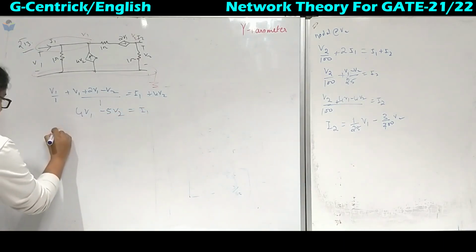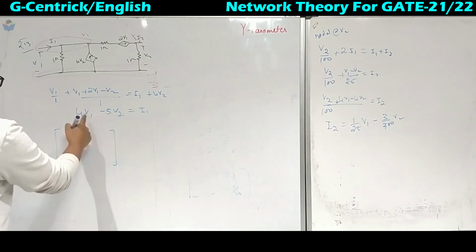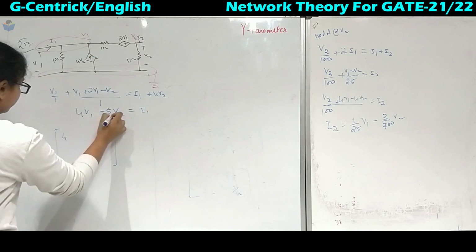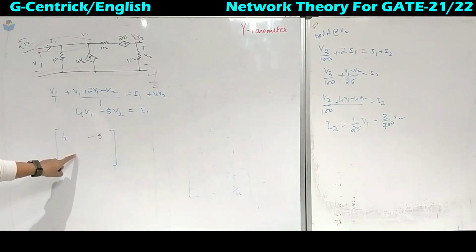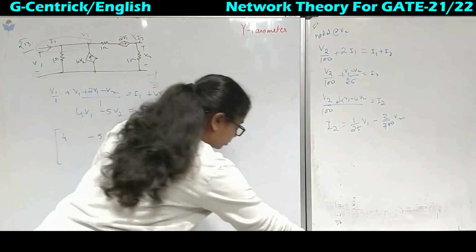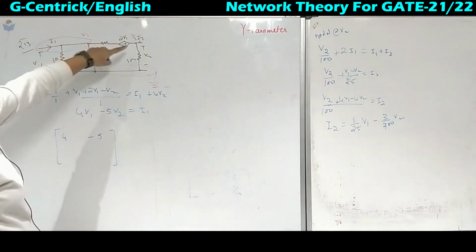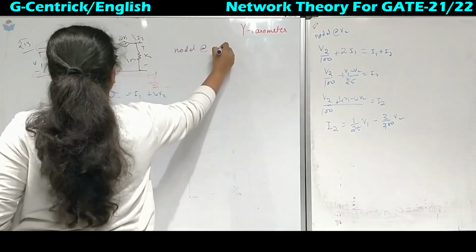So when we compare it with the equations of the admittance matrix, we will get this V1 as Y11, this as Y12. Do not write this as minus 5 again here, it will be wrong. Next, coming to this node V2, we will apply nodal at V2.